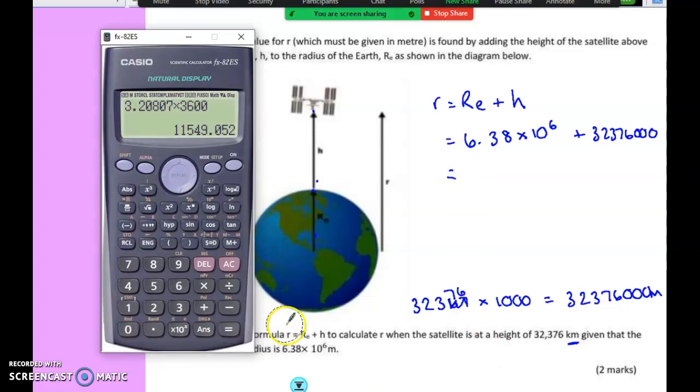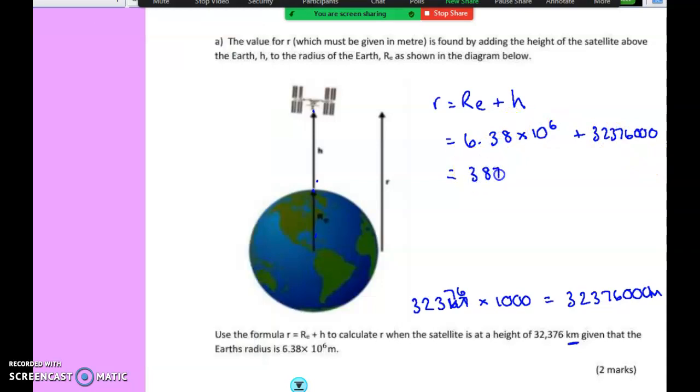Adding that on, doing it again, we get 6.38 times 10 to the power of 6 plus 32,376,000, which is 38,756,000. And is it 3 zeros? 3 zeros.